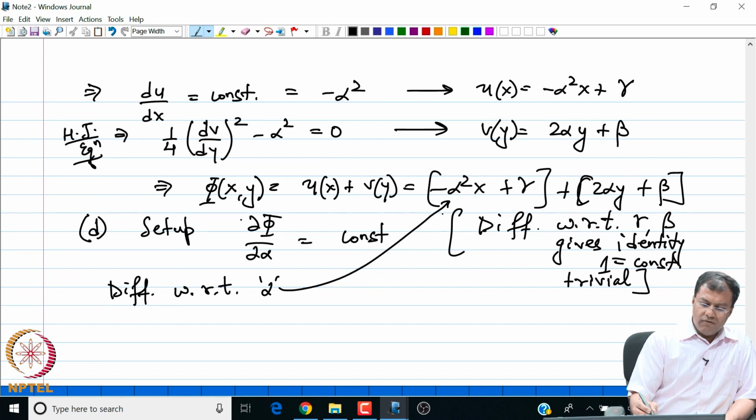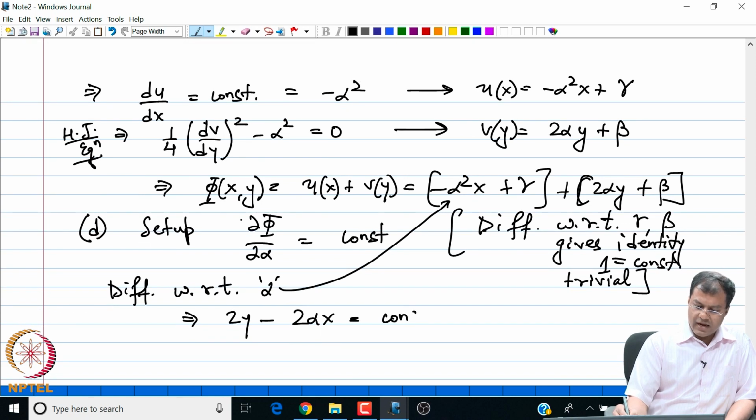So, when we set up this equation, the following relation comes out. With respect to alpha, when we differentiate, I see that 2y minus 2 alpha x is equal to a constant, right.